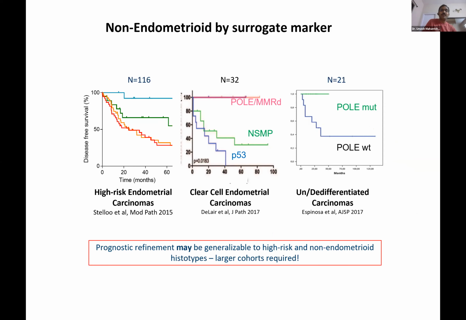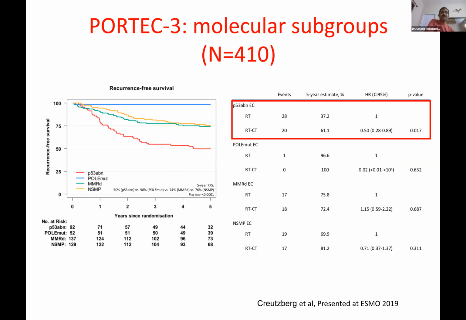And then when we go into the details of other markers and other histologies, there is data which says that patients who have P53 mutations, as well as the other histologies, the outcome is definitely inferior, whereas patients with POLE mutations as well as MMR deficient do relatively well compared to P53.